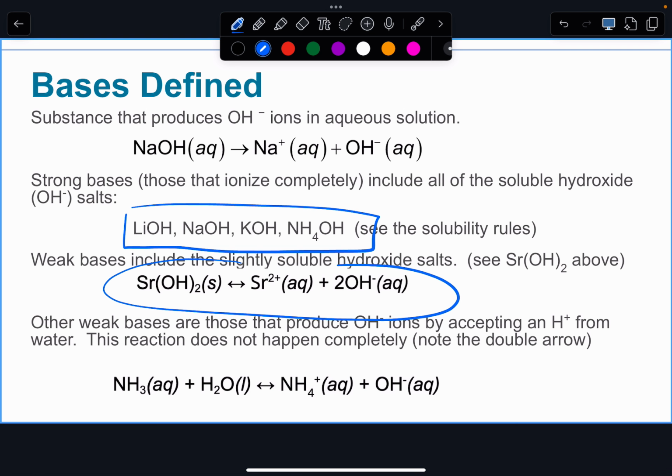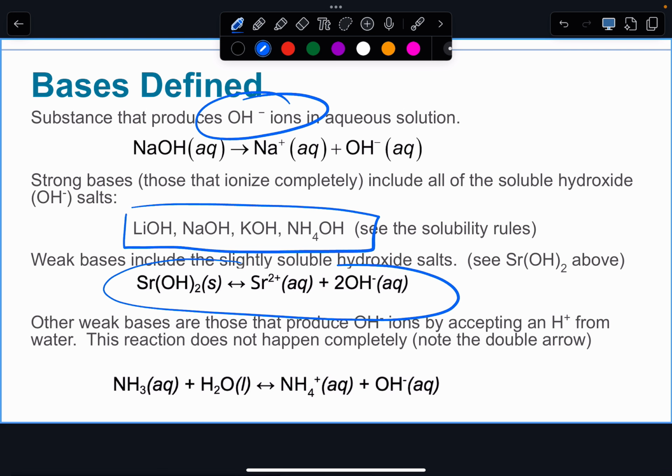So what do we mean when we talk about a strong base versus a weak base? One of the definitions of an acid is that it produces H plus or H3O plus. Remember, H plus we often call a proton, and H3O plus we often call hydronium ion. I'll probably stop saying the formulas because it's annoying, so I'll say it produces hydronium ion, okay? So bases can be defined as producing hydroxide ion.